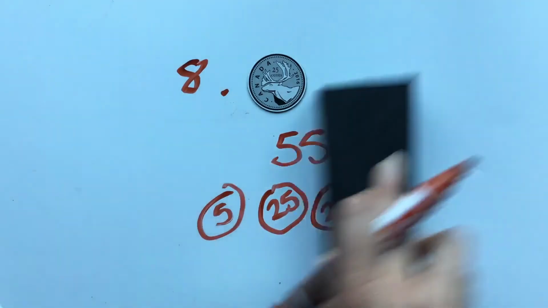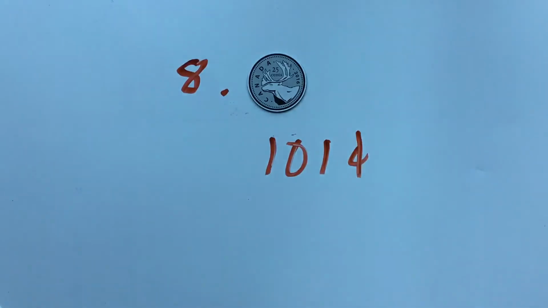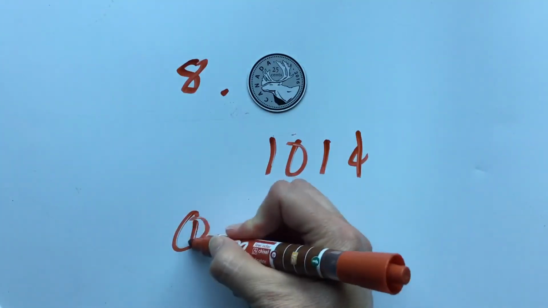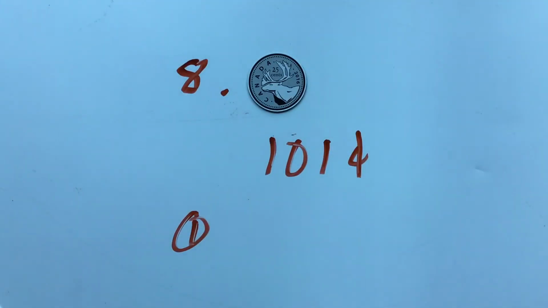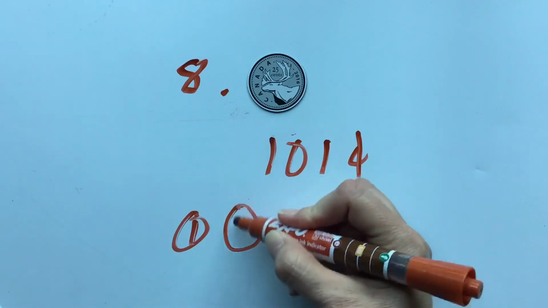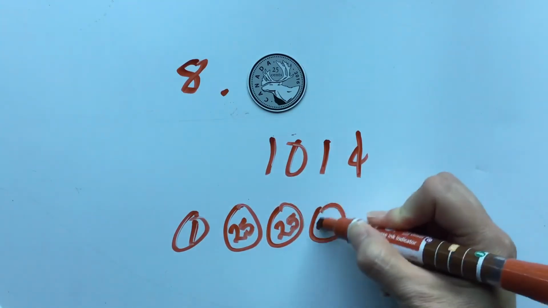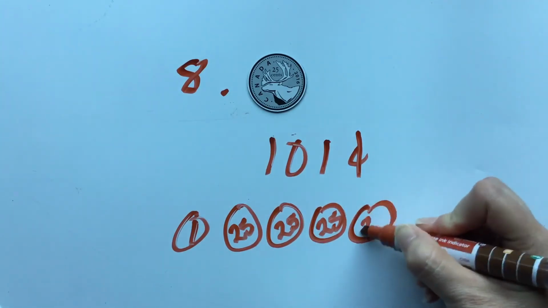And finally, let's do one more example. What if I want to reach 101 cents? But guess what? I only have a penny. Oh no, you're going to have to ask your parents for a bit of money here. How many quarters would you add to reach 101 cents? Now I've only got 1 cent. How many quarters do you need? Well, I think you know this one already. If I add 4 quarters, let's see what that gives me.